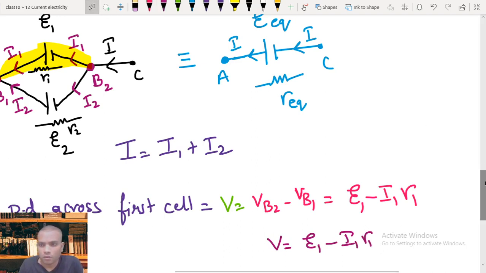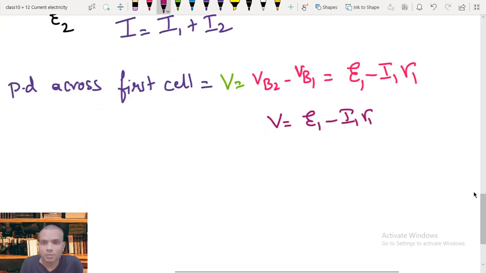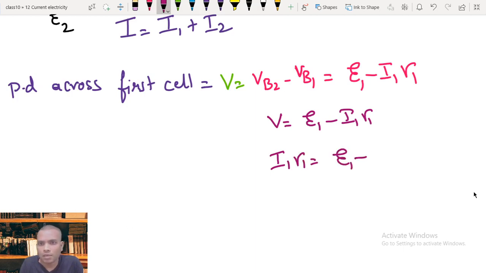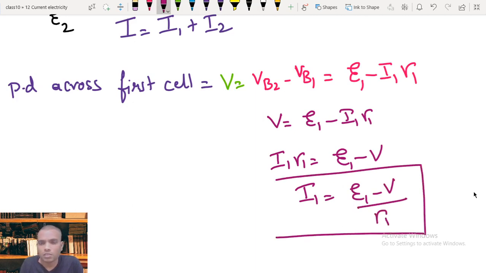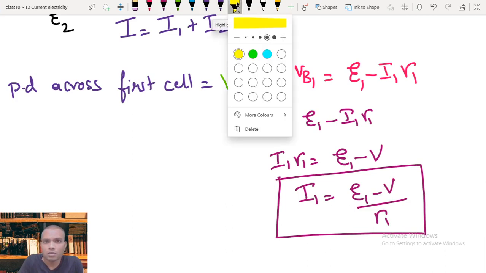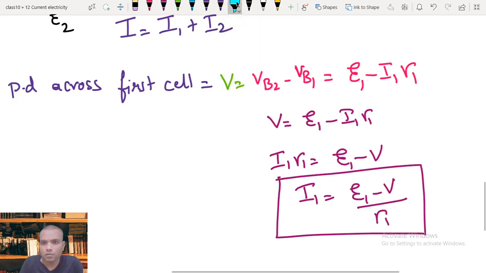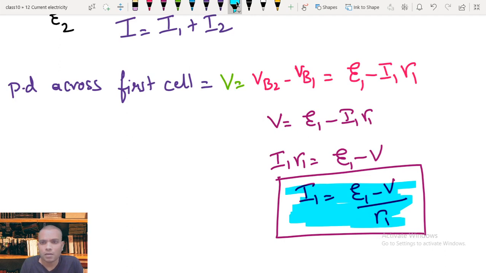Rearranging the terms to write the expression for I1: I1 times R1 equals EMF E1 minus V, the terminal potential difference. Therefore I1 equals (E1 minus V) upon R1. This is the amount of current flowing through the first cell.